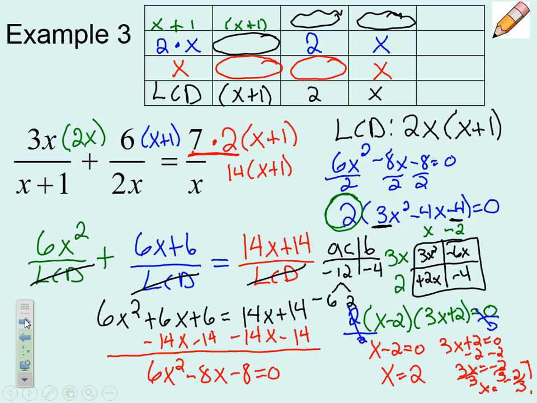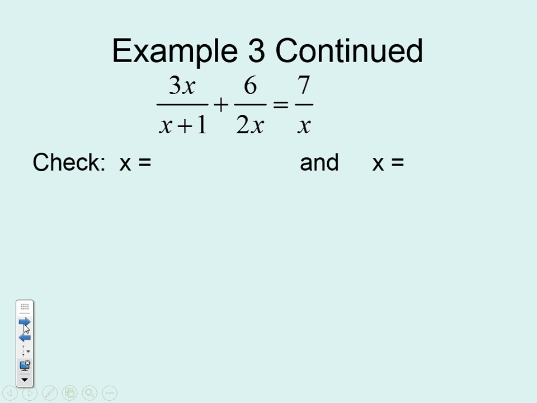So I have two options for answers. So what I need to do here is go through and I need to check. So I need to check both of these into the original. So my first one I'm going to check is 2. The second one I'm going to check is to see if negative 2 thirds is a solution. When I check it, I have to plug it into my original problem.